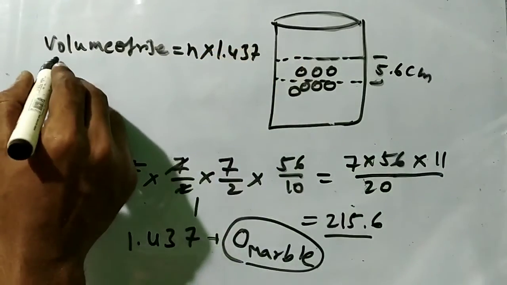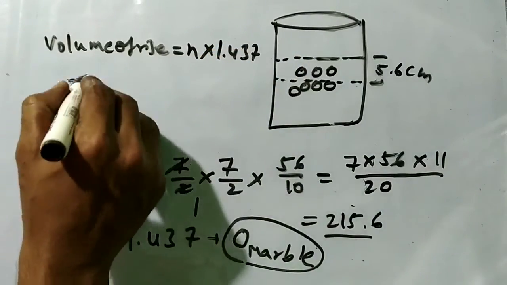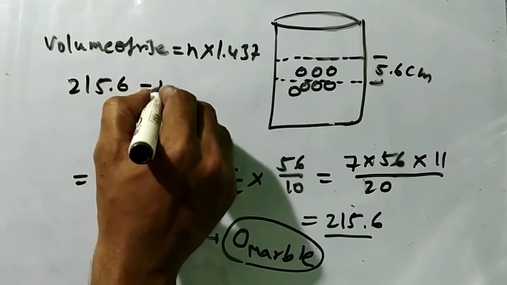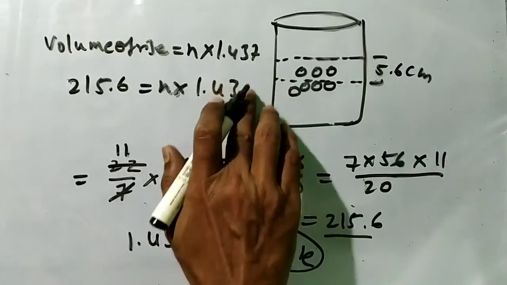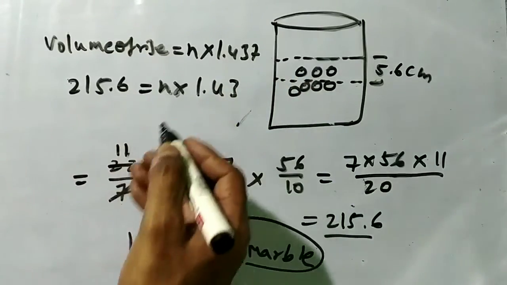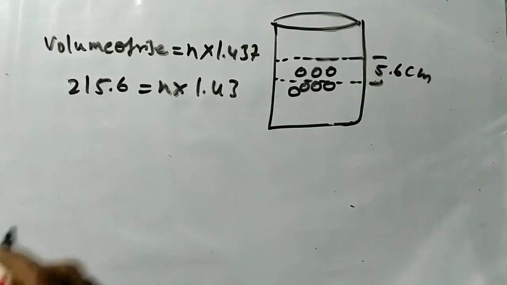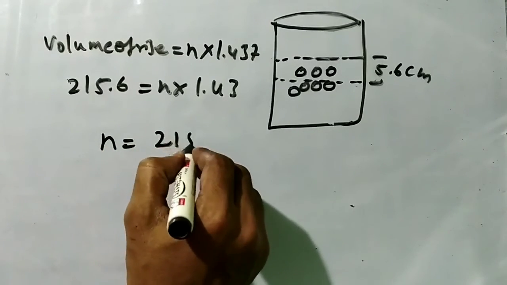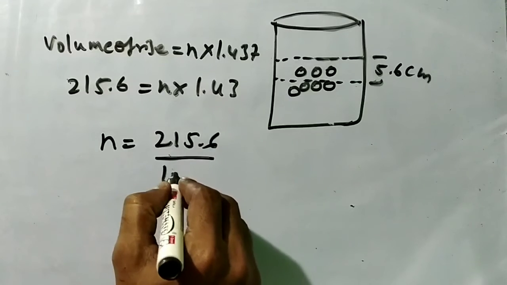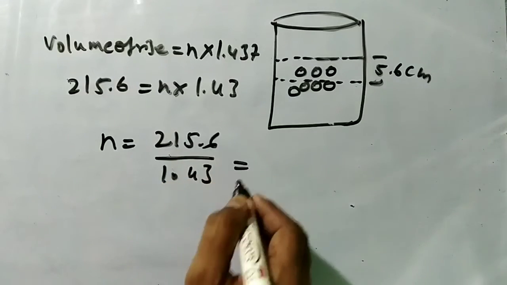So here the volume of rise is 215.6, which is equal to n into 1.437. If we do this, n is equal to 215.6 by 1.437.